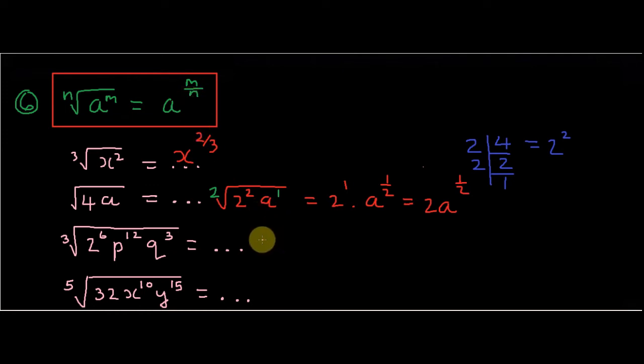So this is simply going to be 2 to the 6 over 3 times p to the 12 over 3 times q to the 3 over 3. And of course this is 2 squared, which is 4. And 12 divided by 3 is 4. 3 divided by 3 is 1.